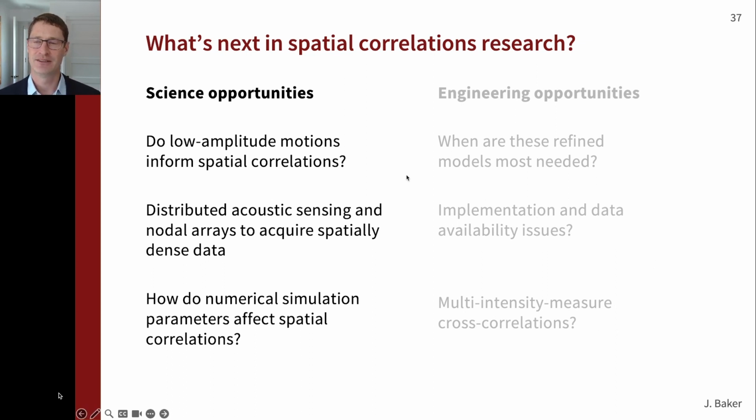I talked about the limited availability of strong ground motions, and that's influencing some of our estimation techniques. If we could use low amplitude ground motions, and then moving to the second point on this list, these new technologies, distributed acoustic sensing with fiber optic cables or nodal arrays that can be deployed for short amounts of time to record these low amplitude motions.